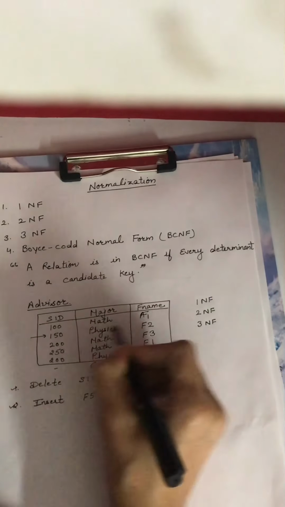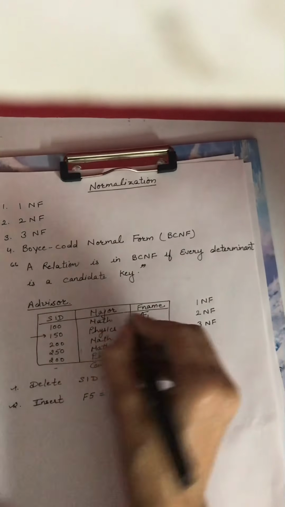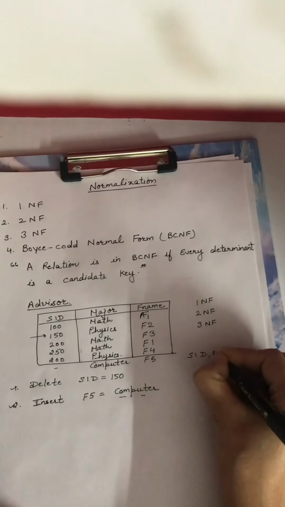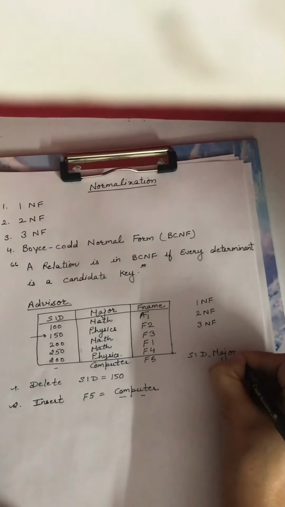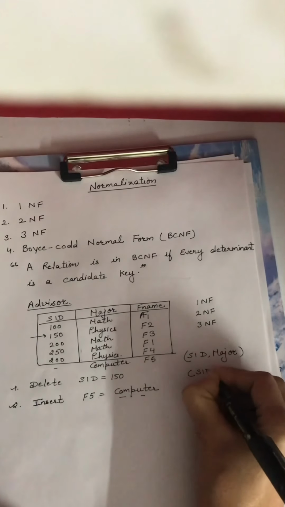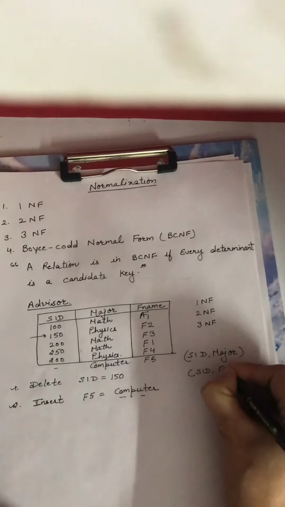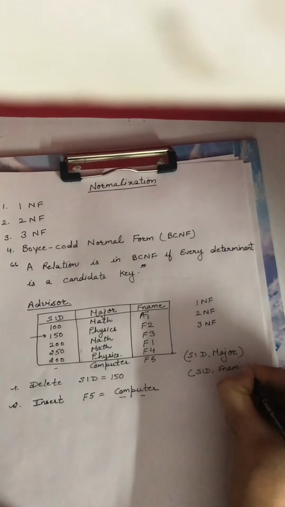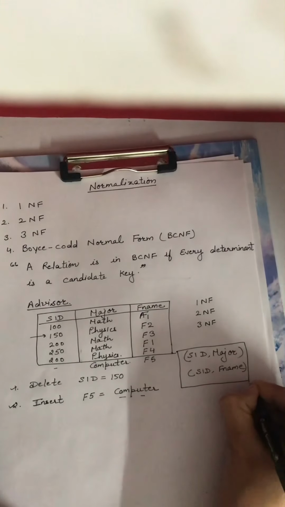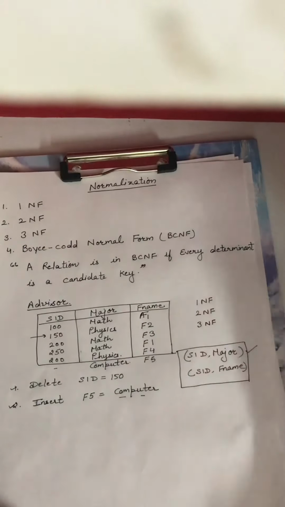Because in this relation we have two candidate keys, SID and major. The next candidate key is the combination of SID and F name. These two are candidate keys and we select this as a primary key.